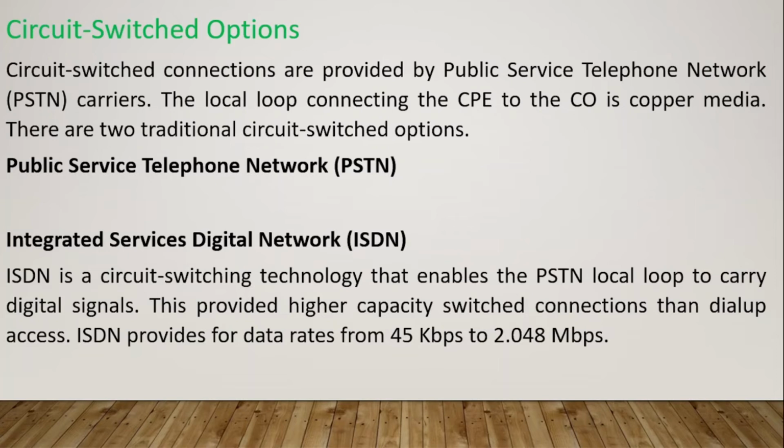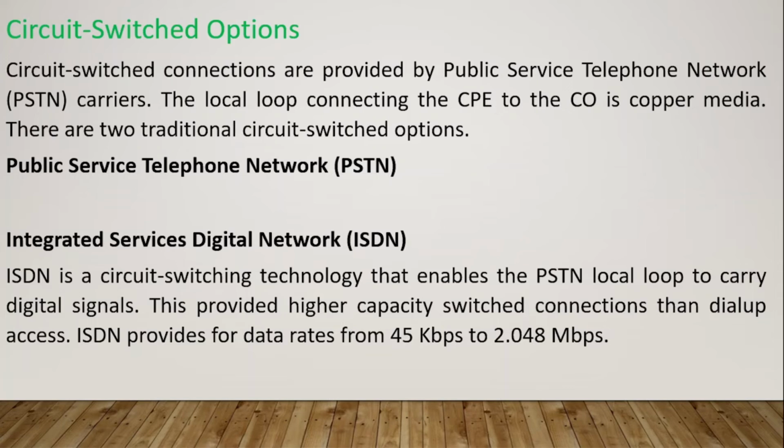ISDN provides data rates from 45 kbps to 2.048 Mbps. ISDN has declined greatly in popularity due to high-speed DSL and other broadband services that are coming out in the market. ISDN is considered a legacy technology, with most major providers disconnecting the service because it is very expensive.